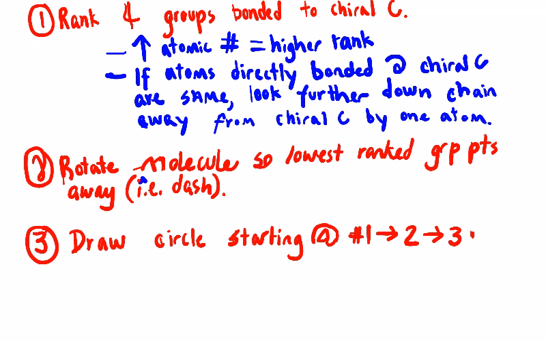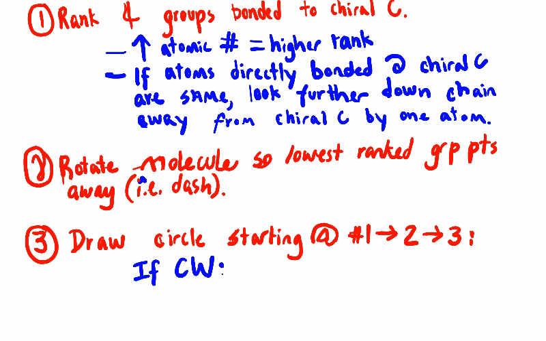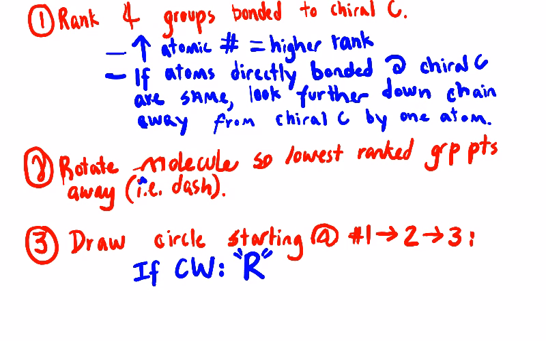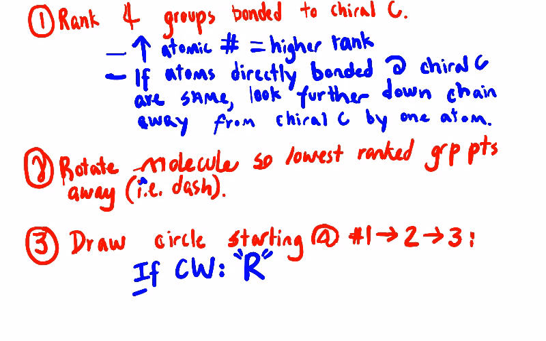And based on that information, if the direction that we're going from 1 to 2 to 3 is clockwise, which we'll abbreviate here as CW, then the molecule is referred to as R. So R meaning basically right. So clockwise means moving toward the right, so if we're going clockwise in our circle there, we refer to it as the R enantiomer.